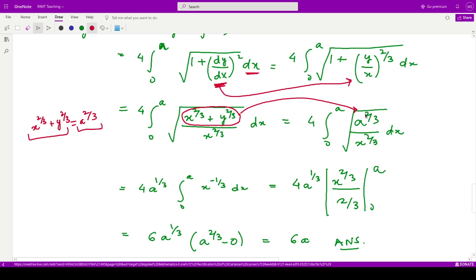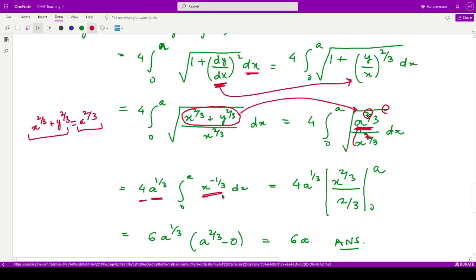So it becomes a to the power 2 by 3. Because this is a constant, I can take it out. So the square cancels with this square root over here. So we would be having 4a to the power 1 by 3 and integration from 0 to a, this quantity. Again the square and square root cancel each other's effect. So we can shift this term to the numerator, so x raised to power minus 1 by 3 dx.